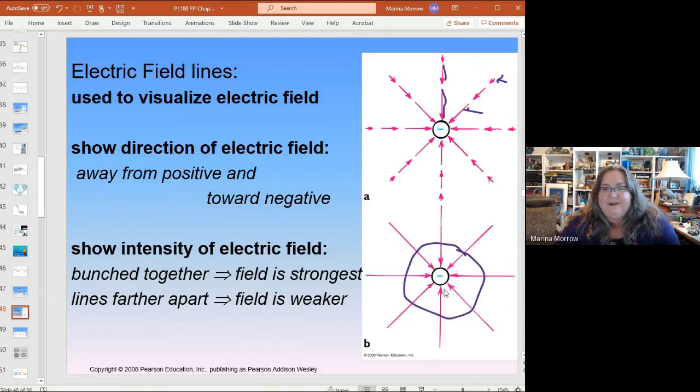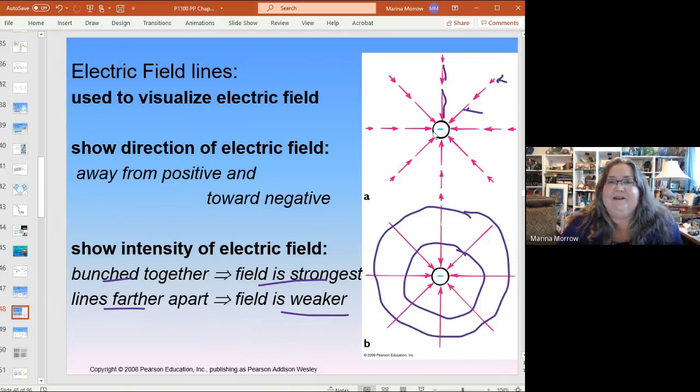So these arrows are closer together. The arrows out here are further apart. And so where they're bunched together, that's a strong field. Where they're further apart, that's a weak field. Okay, so we didn't need to draw all the millions of little tiny arrows along the way to get the general idea of how strong the field is.